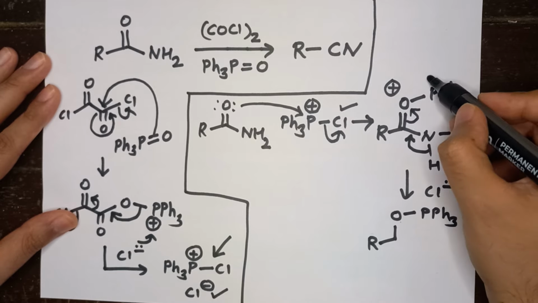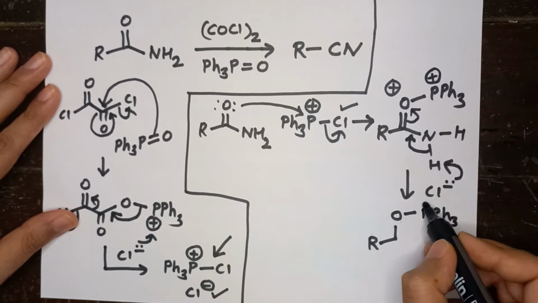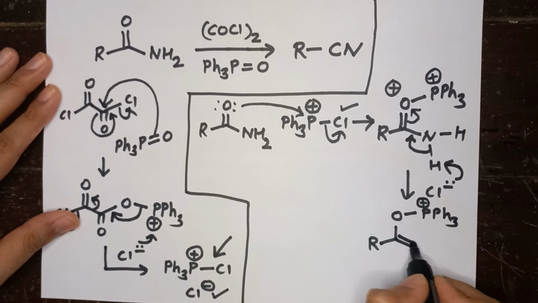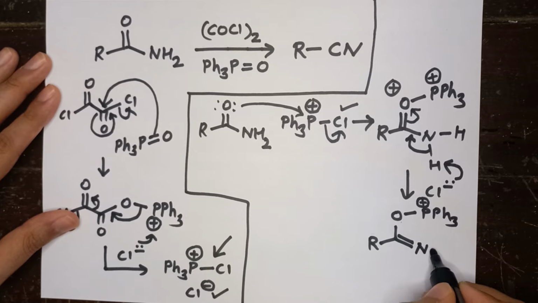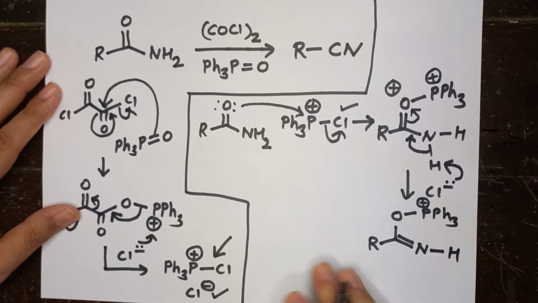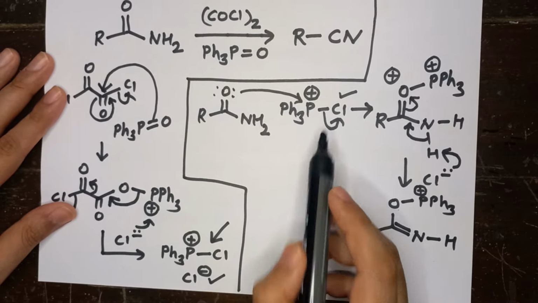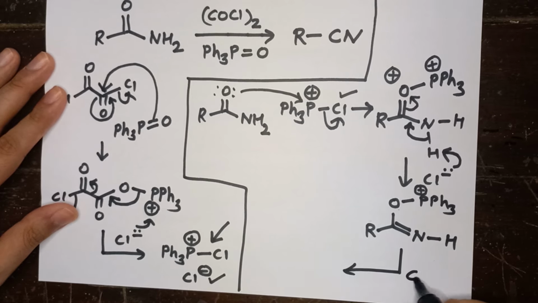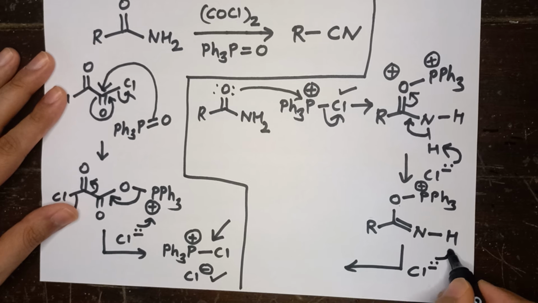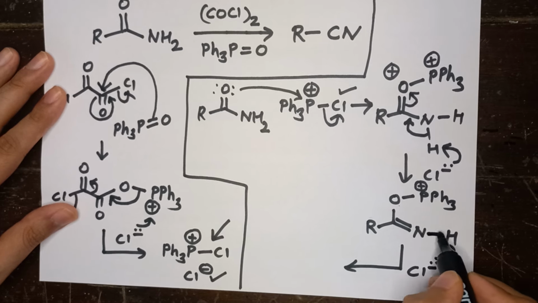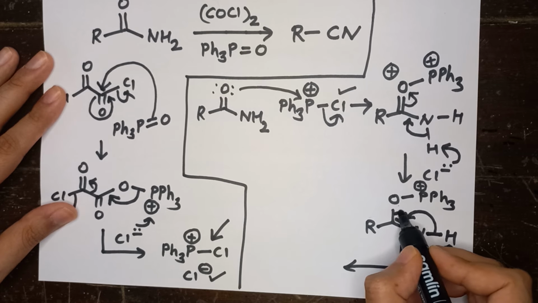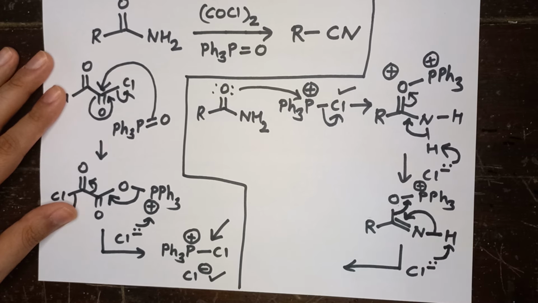This phosphorus will also get positive charge, okay? And you have a double bond here with NH. Okay, so we used one of the Cl, let's use the other Cl present. So this Cl will grab this proton. Now this single bond will be used to form a triple bond and this bond will form a double bond here.